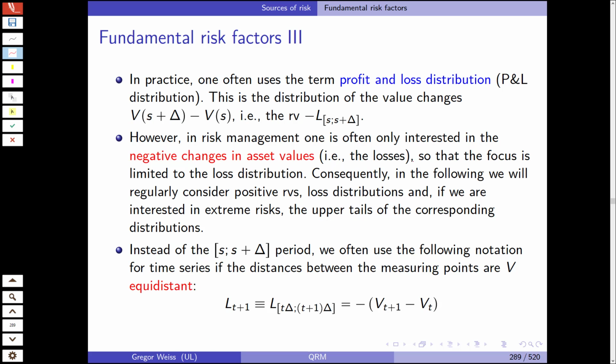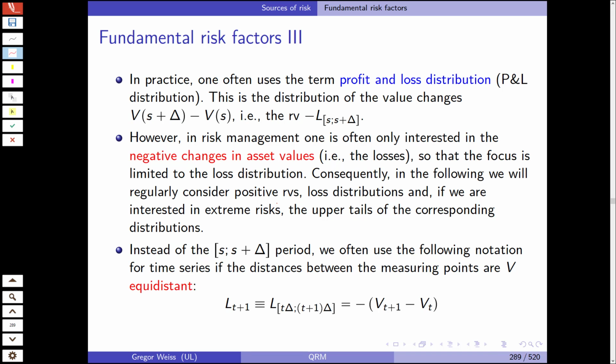This is frequently done in practice, especially in actuarial science and insurance mathematics. Why? Because in the insurance business, you're only looking at losses. So you cannot generate any profits from, say, a car theft. That is why you can only incur a loss or zero. That's your ideal situation.